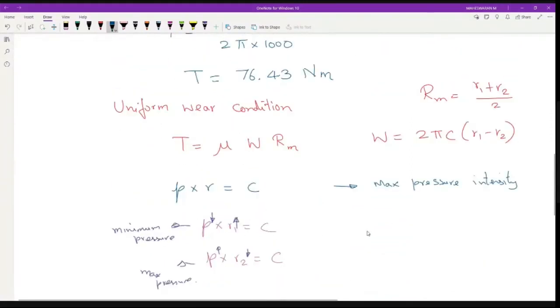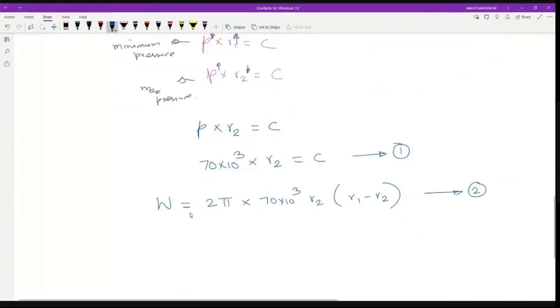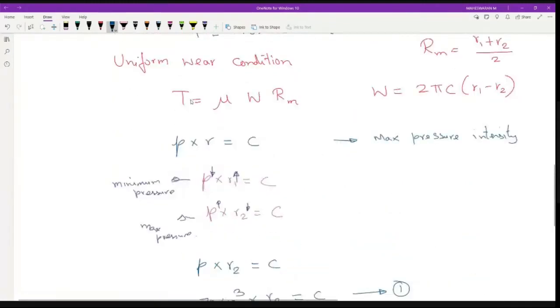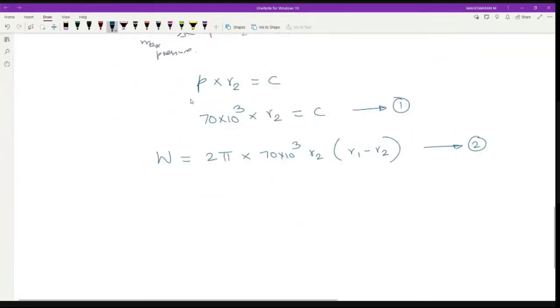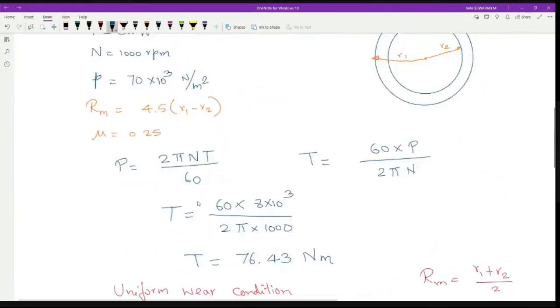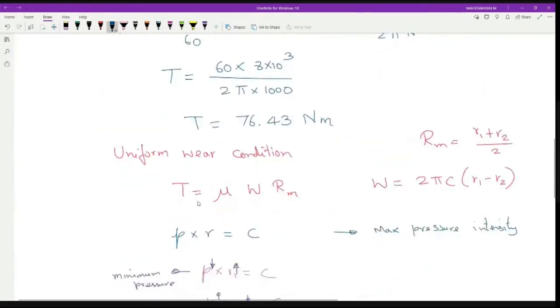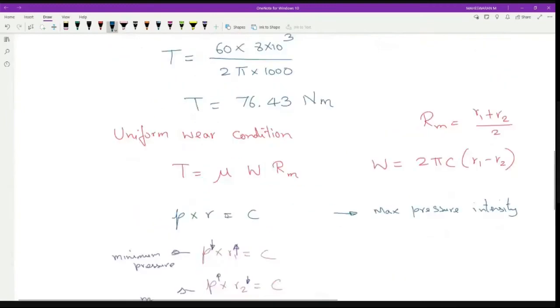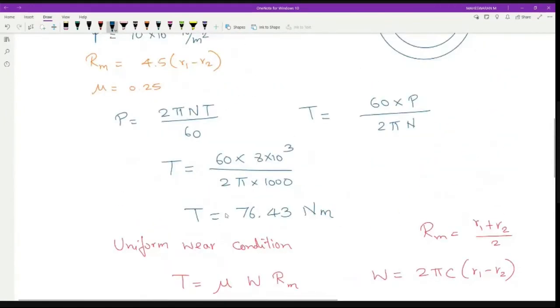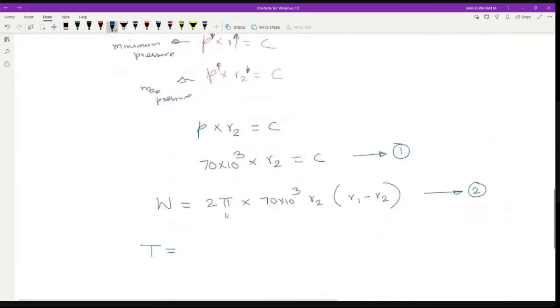The next one, I have to substitute this in the torque equation. So what is my torque? T is equal to mu. Mu is given, which is 0.25. W is what we identified, and Rm. Rm we will write as Rm itself, so we will substitute it later.